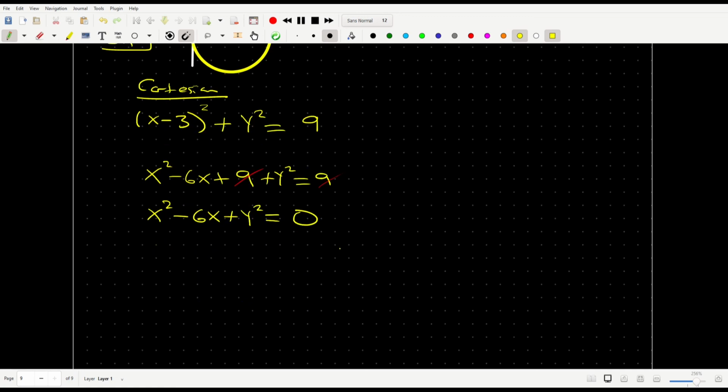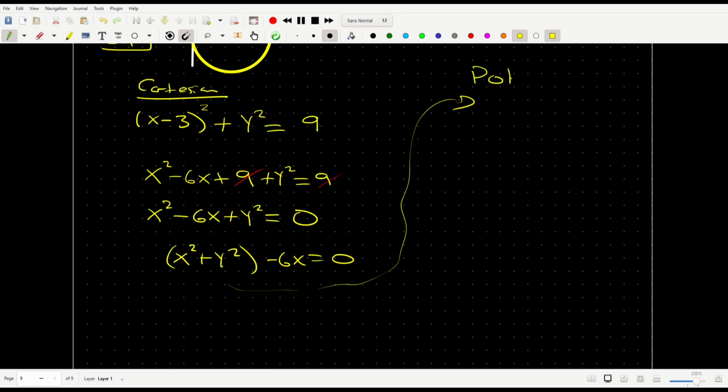But if we notice very nicely that x squared plus y squared is the same thing as r squared, then this nice equation in Cartesian coordinates becomes for us in polar coordinates r squared minus 6 times r cosine theta is equal to 0.